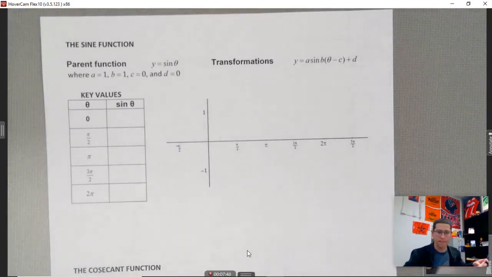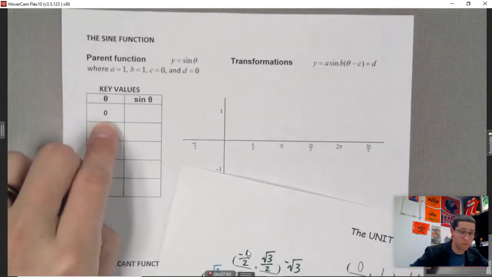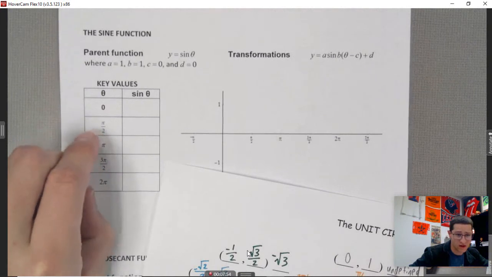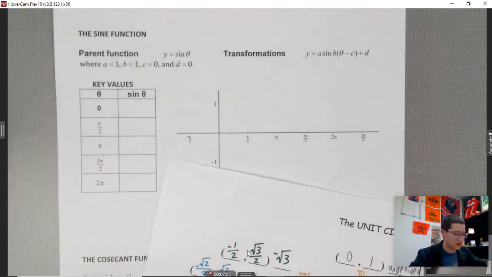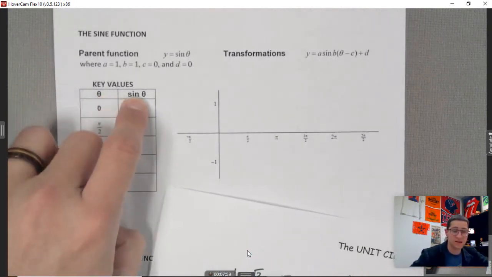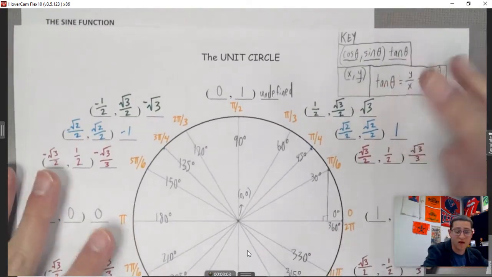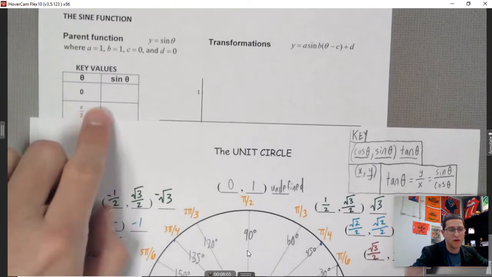So let's get our values. These are our angles, theta, our different angles, and we are finding what sine of theta is at those angles. Sine of theta on my unit circle is my y value. So let's look at my y value at 0.